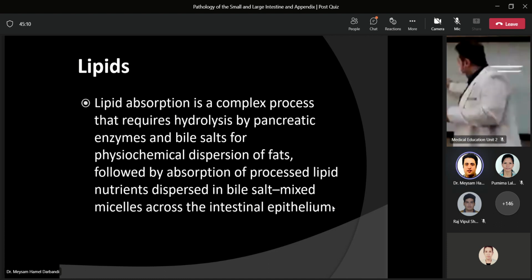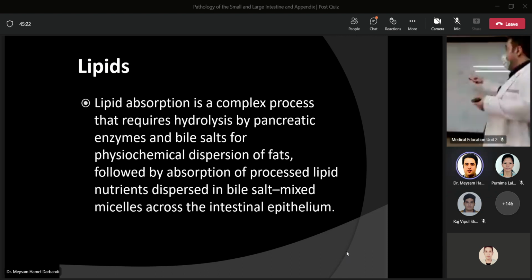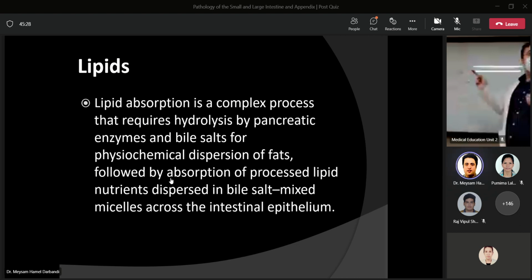So now the food is here. The triacylglycerol is here, and the lipase is attached to it. Of course, there is lipase and there is colipase. If you learn all these slides continuously, it will be very easy for you. All the diseases will be very easy. So let me change my slide. What do we have?